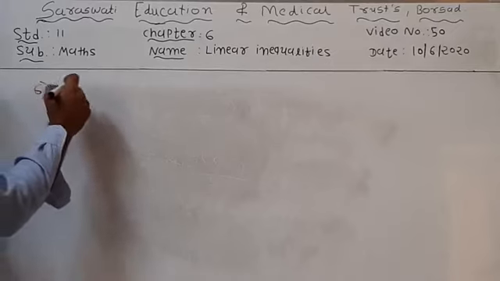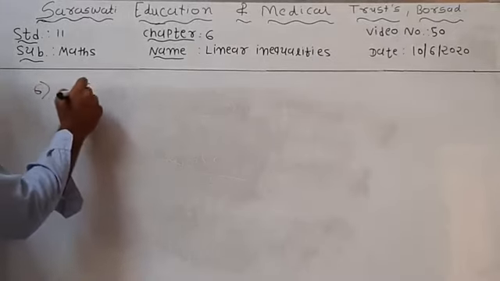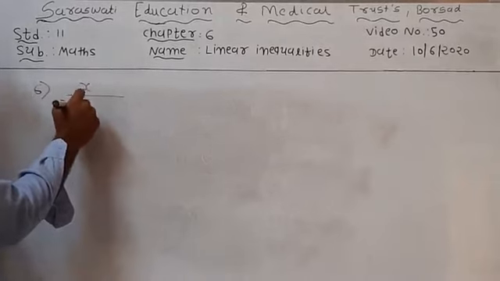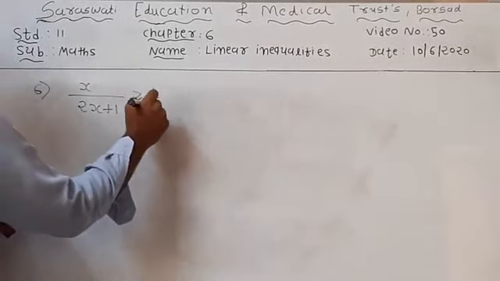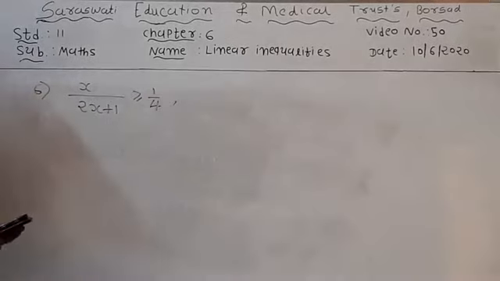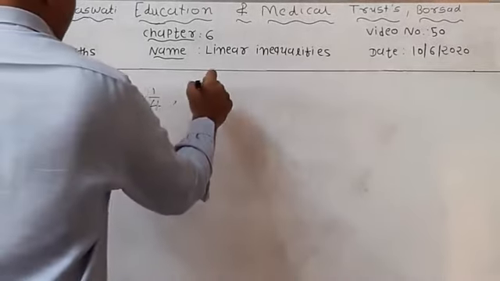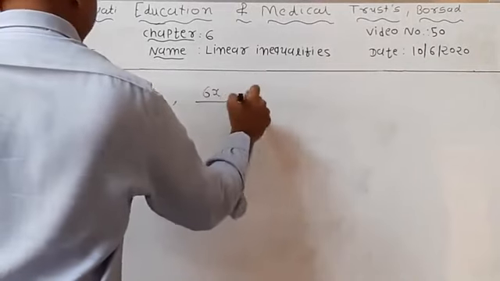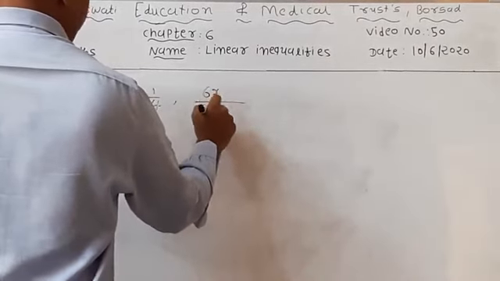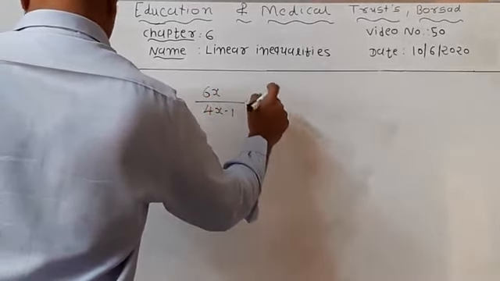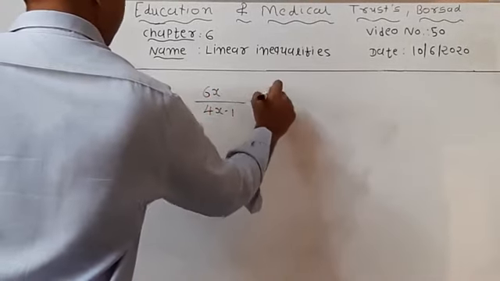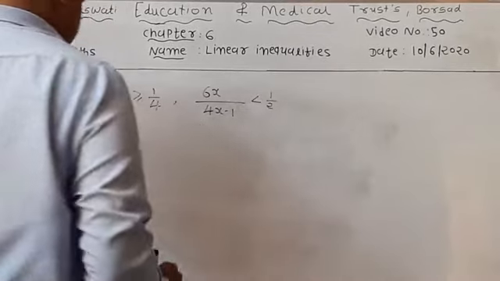Question number 6. Solve the inequalities x/(2x + 1) greater than or equal to 1/4, and 6x/(4x - 1) less than 1/2.